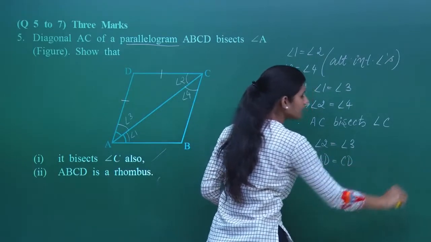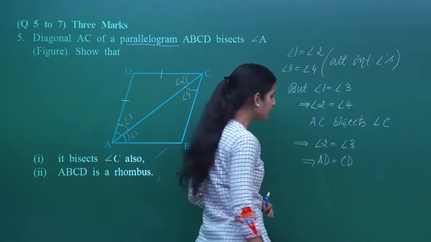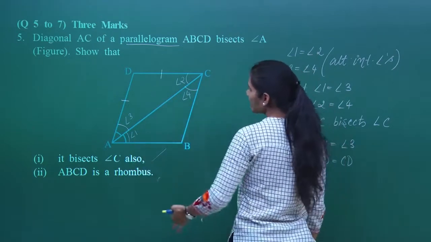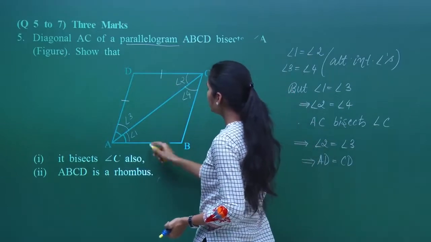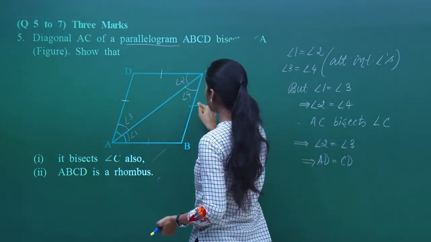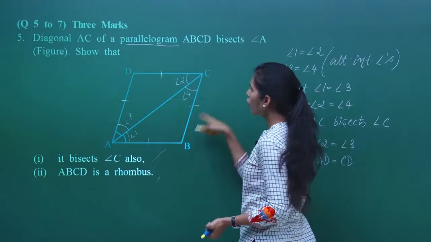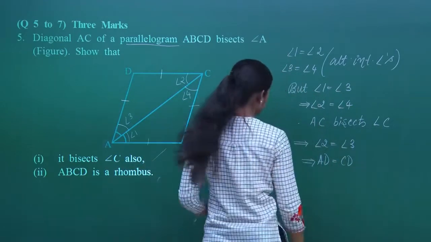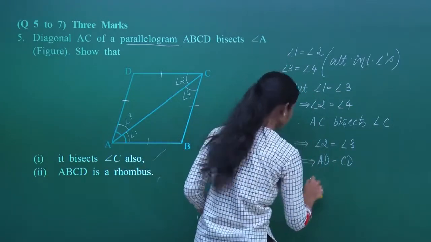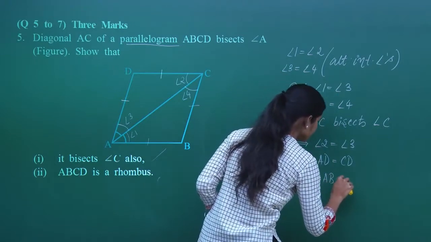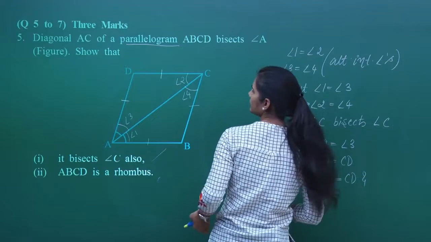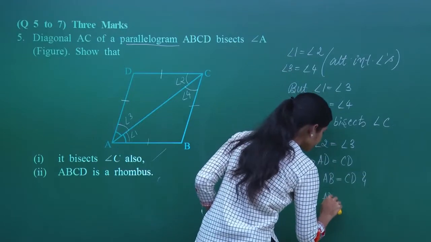You can write the reason that because sides opposite to equal angles are equal, and ABCD is a parallelogram, therefore opposite sides are of equal measure. So CD will be same as AB and AD will be same as BC, thereby implying that all the four sides will be of same measure. AD will be same as CD and AB is same as CD and AD is same as BC.